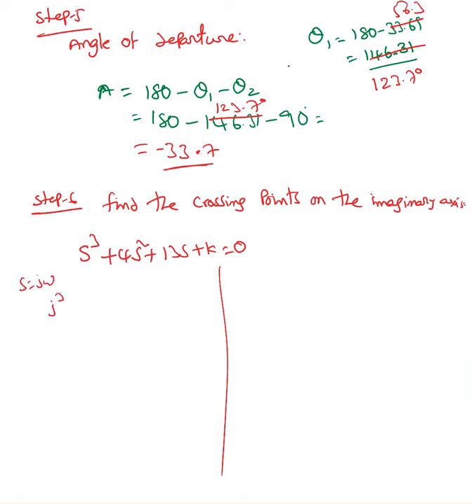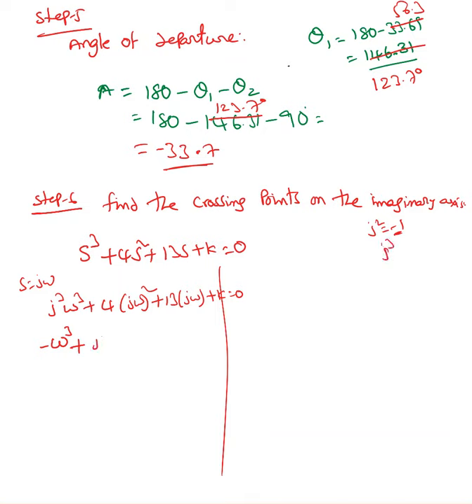I'll end up with j cube omega cube plus 4 times j omega square plus 13 times j omega plus k equal to 0. j cube, which is j square times j, j square equals minus 1.